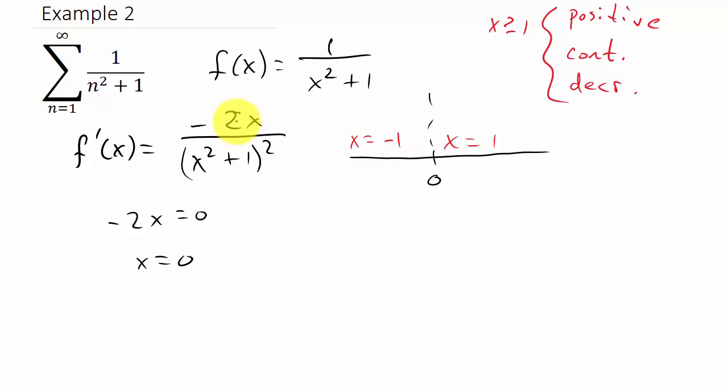If we plug in negative 1, we get a positive, so it's increasing there. If we plug in 1, the numerator is negative and the denominator is positive, so the whole fraction is negative. So you can see that it is decreasing from 0 to 1, and certainly from 1 to infinity it's decreasing. So it meets all the conditions for the integral test.